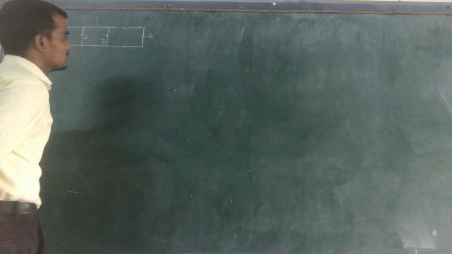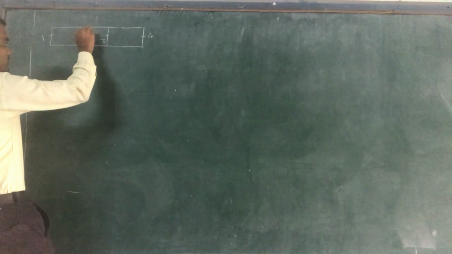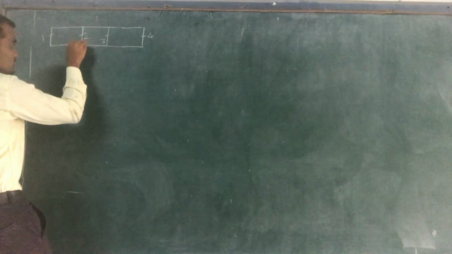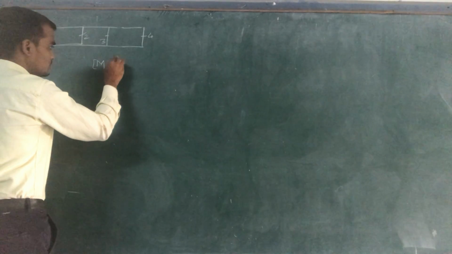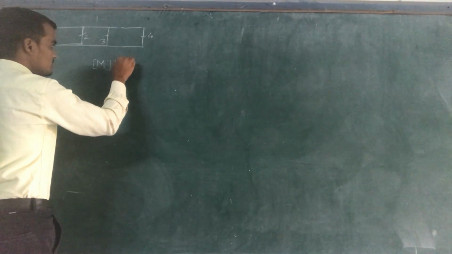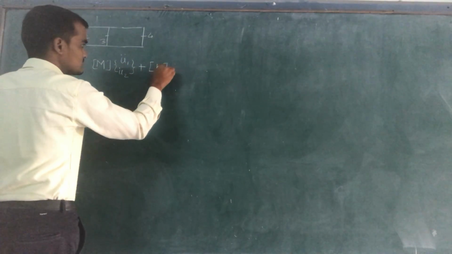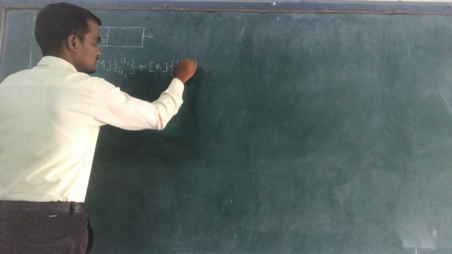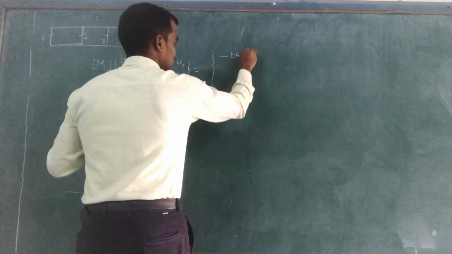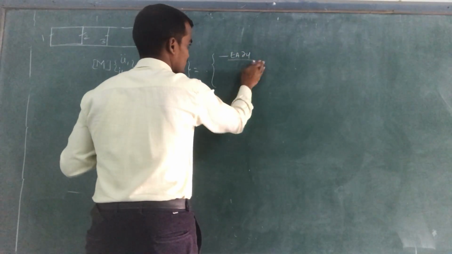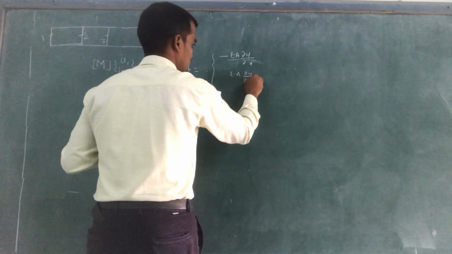Now we know that for one element we have the equation: the mass matrix into u1 double dot, u2 double dot, plus the k matrix into u1, u2, and the boundary condition is minus EA dou u by dou x and EA dou u by dou x.